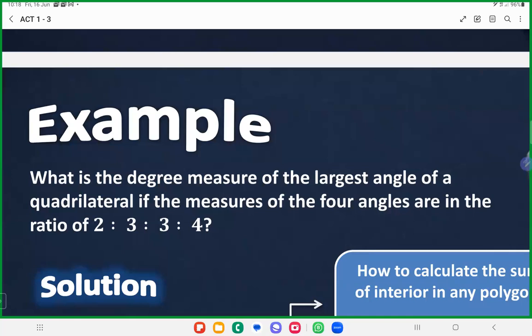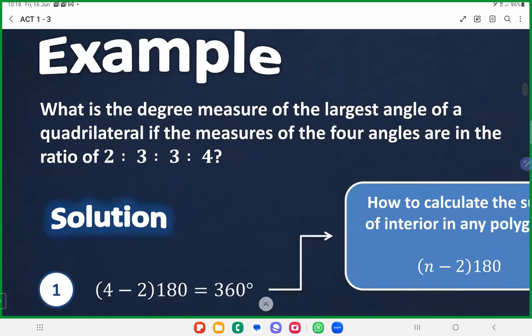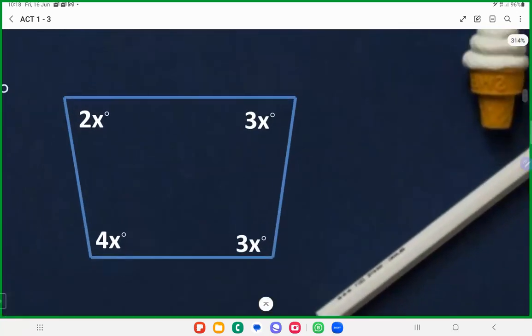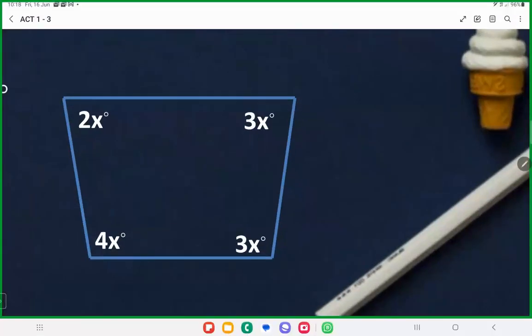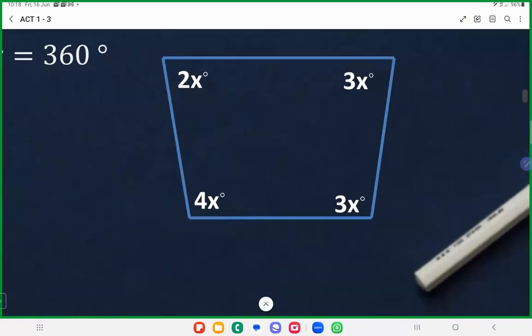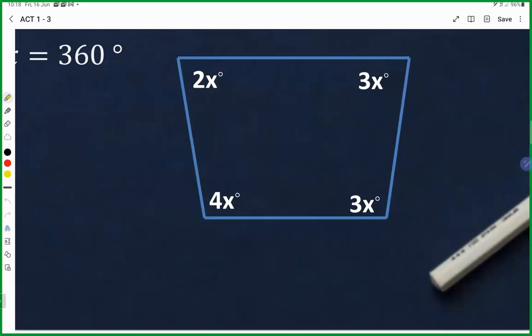The shape itself, I know that this is a quadrilateral. In questions involving ratio, I always put X to solve the question. So 2 to 3 to 3 to 4.